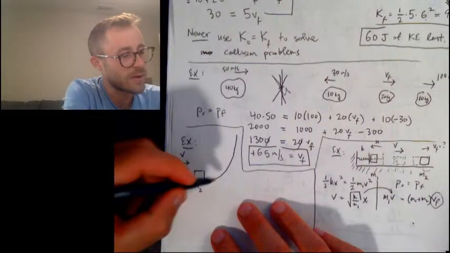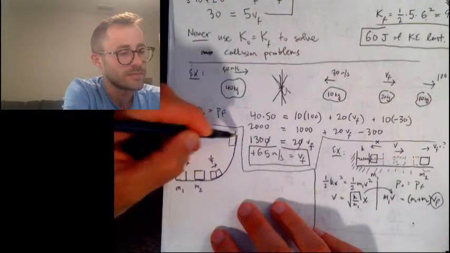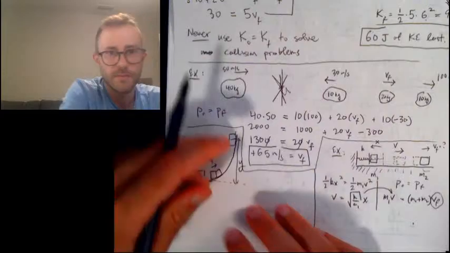And so immediately after the collision, they have some final velocity. And then they're going to coast up, and they'll reach a certain maximum height, y. So we want to know, what is the maximum height that it's going to reach?